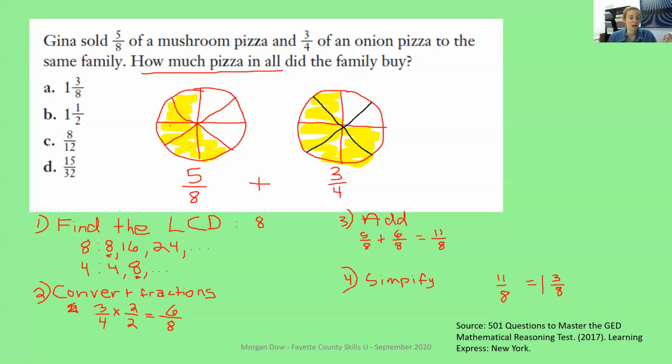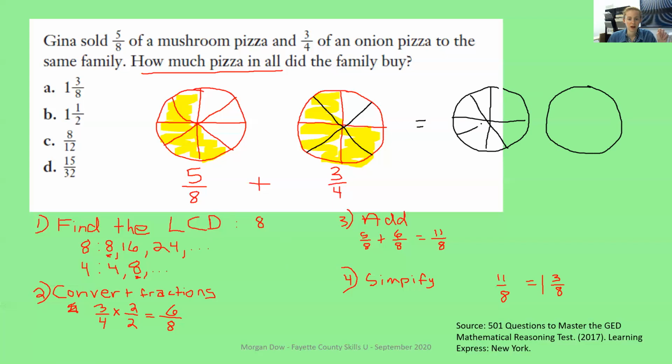If we were to take these yellow pieces and rearrange them, let's see what this looks like. We're going to rearrange them. We would see we have just over 1 pizza, so a little more than one whole pizza that they bought.